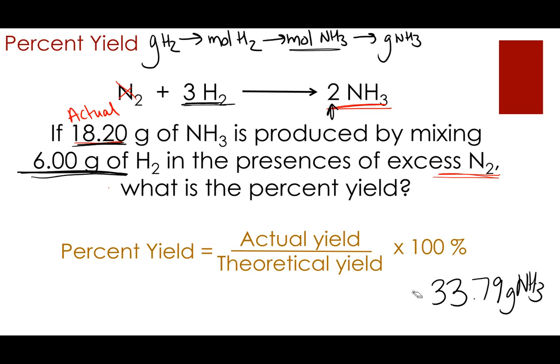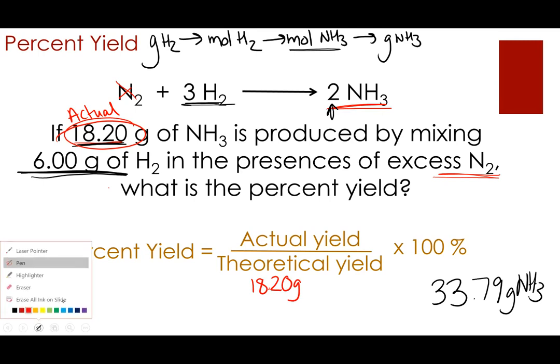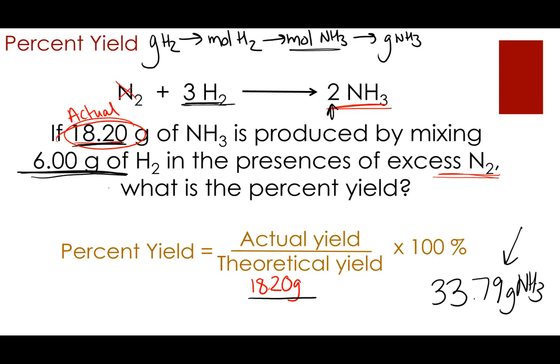So percent yield is actual yield. I'm going to put that in red just so you see it. So this is our actual, 18.20 grams, divided by our theoretical. I'm going to put that in black. So theoretical is what we calculated using stoichiometry. And then that's going to be a decimal number.